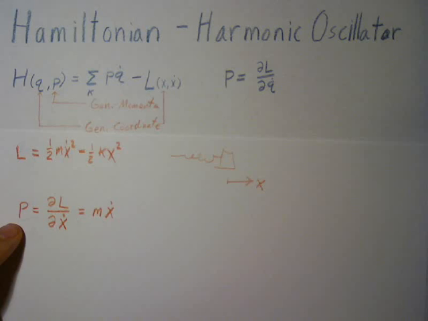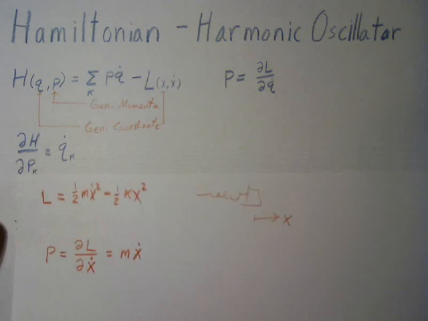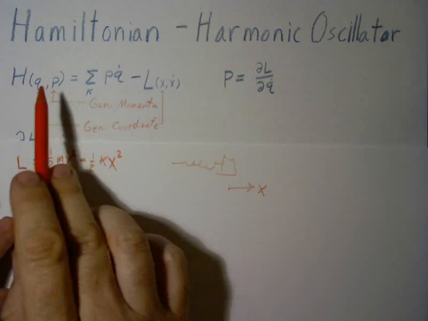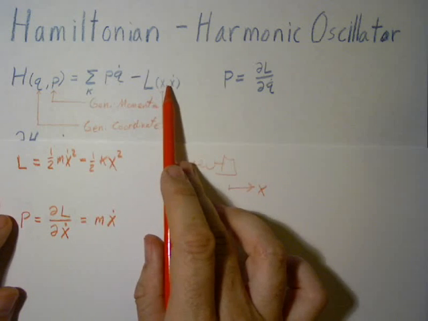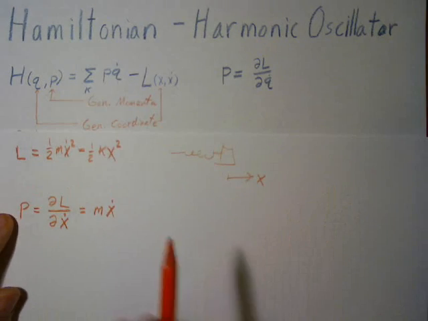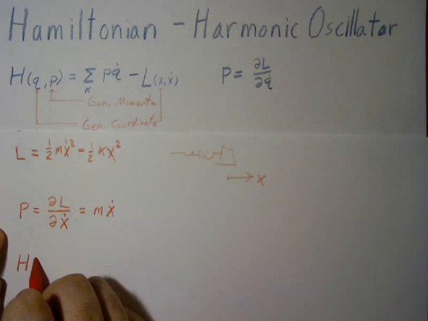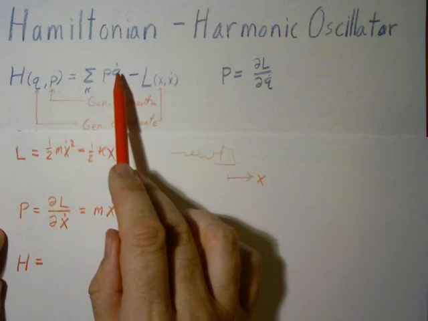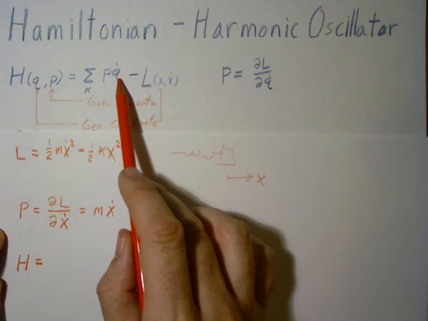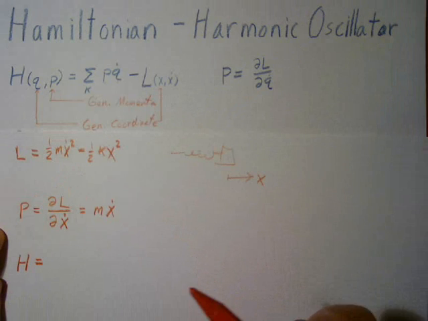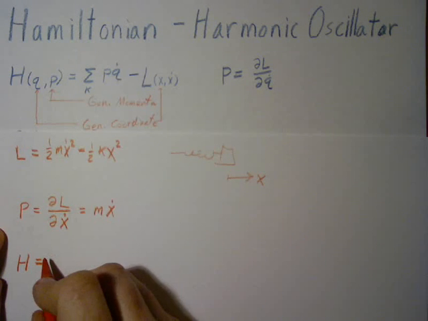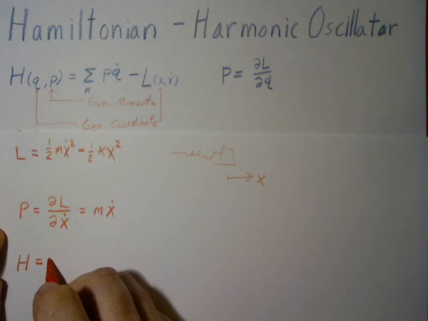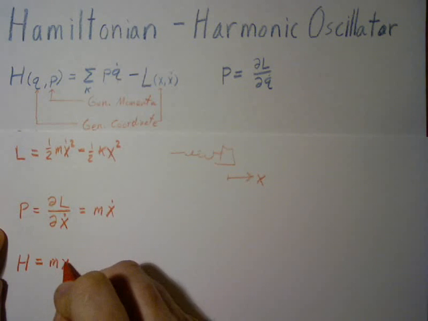So next, we involve this transform. It means our Hamiltonian becomes the sum of the time derivative of our generalized coordinate times the generalized momenta, minus the Lagrangian. We only have one coordinate in this case, and our generalized momentum is m x dot.